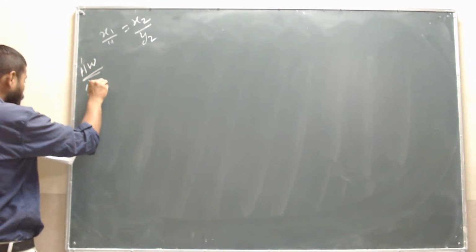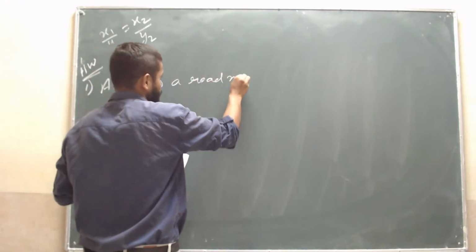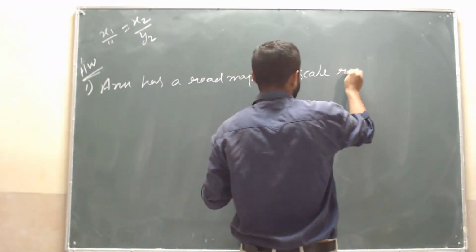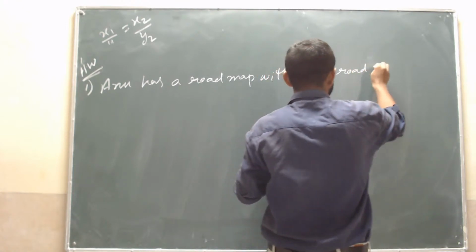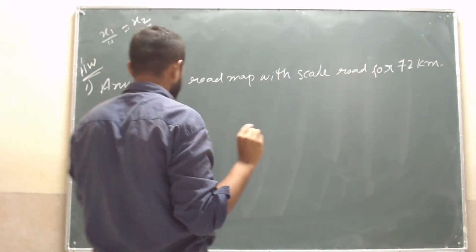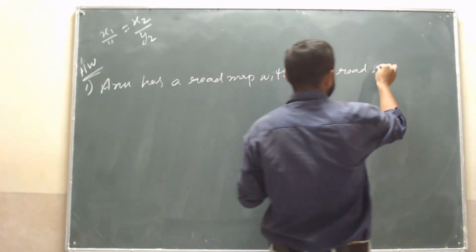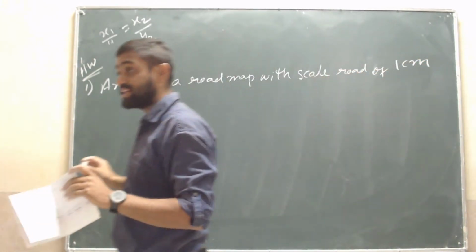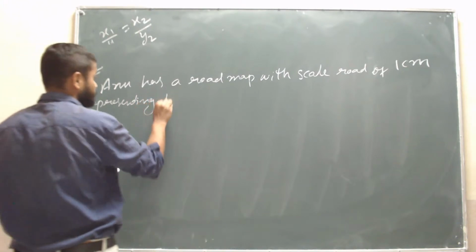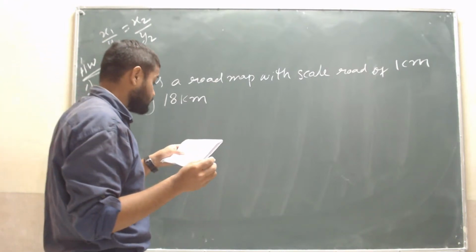Homework. Anu has a road map with a scale of 1 centimeter representing 18 kilometers.